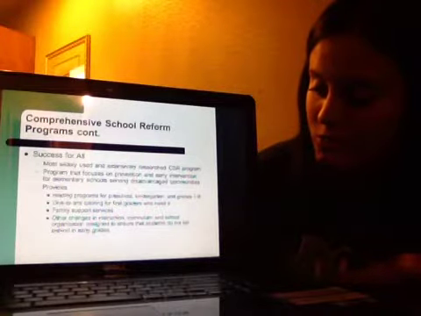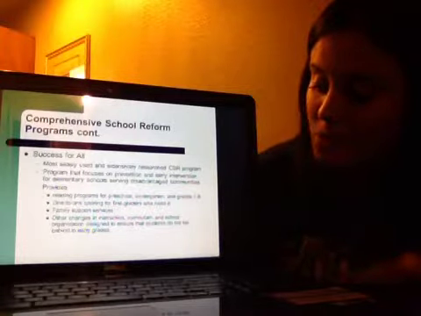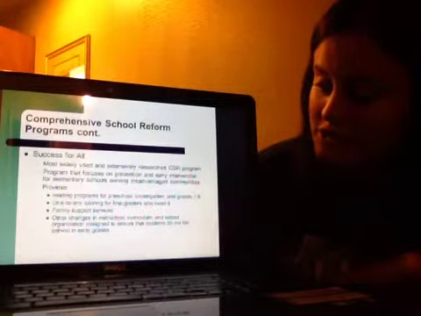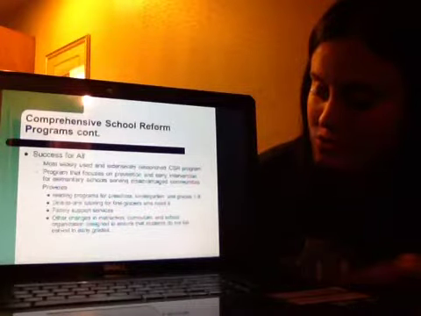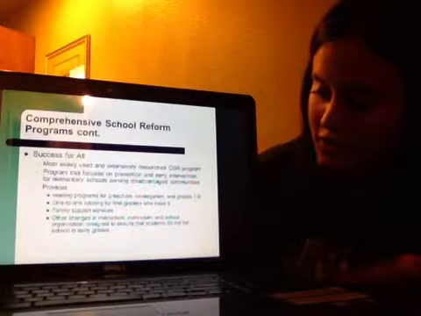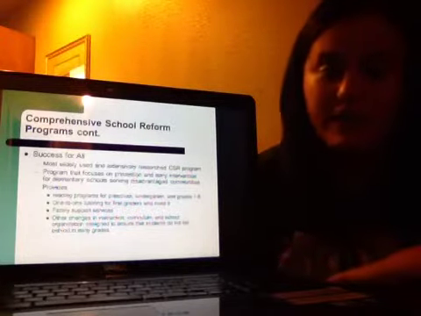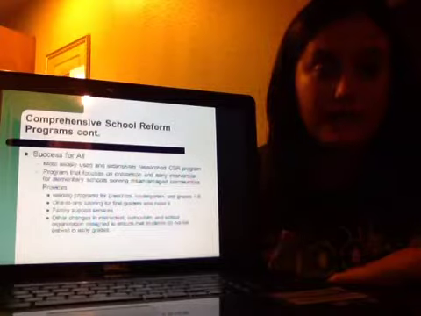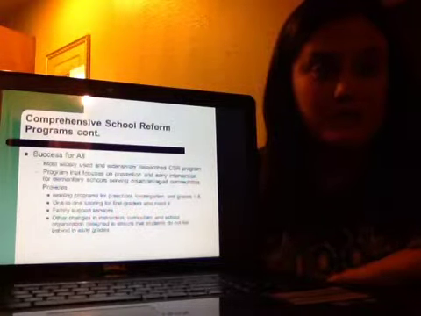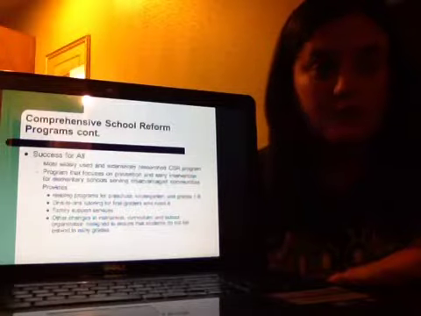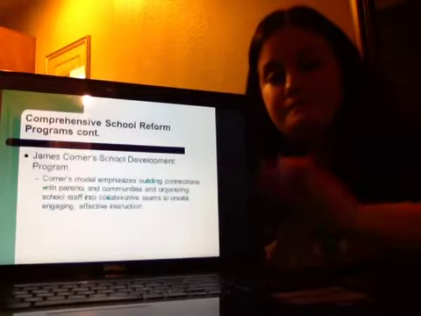It provides one-on-one tutoring for first graders who need it, family support services, and it also provides other changes in instruction, curriculum, and school organization designed to ensure that students do not fall behind in early grades. They don't want the students to have to remediate any classes or repeat any classes, so they'll use programs like this to prevent students from having to do that.